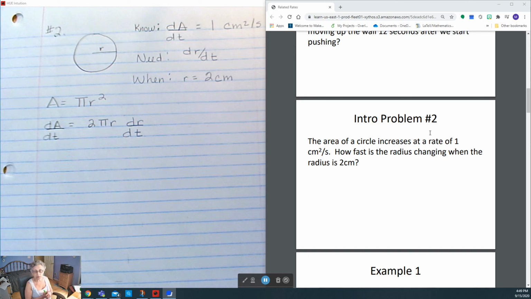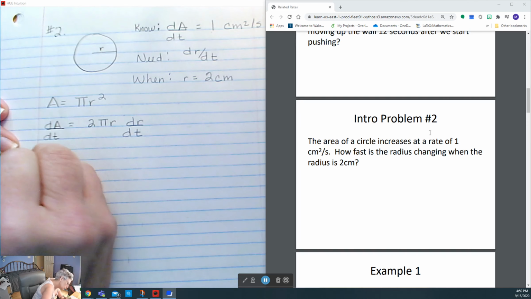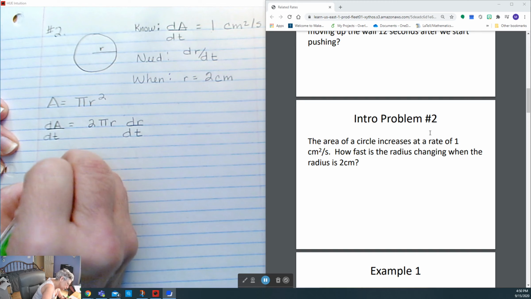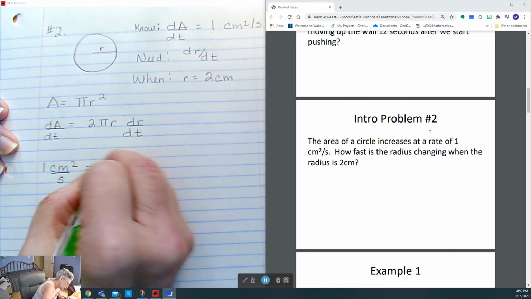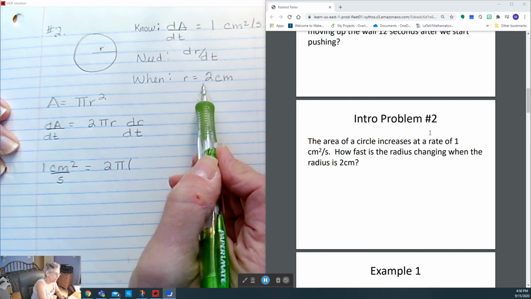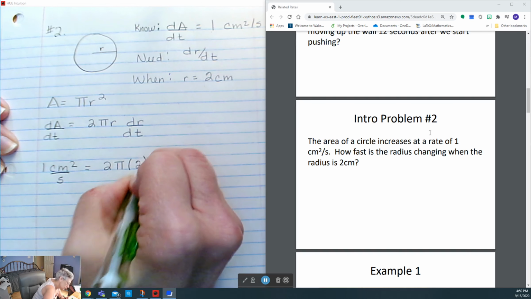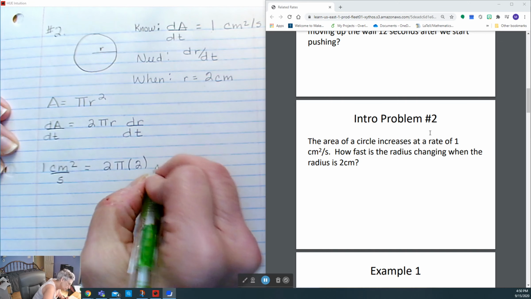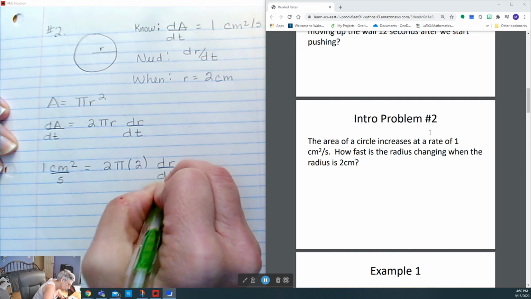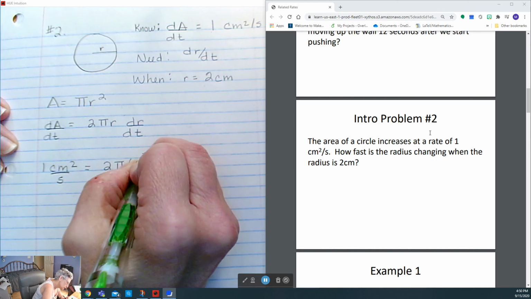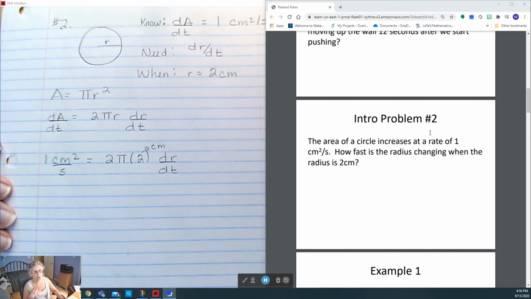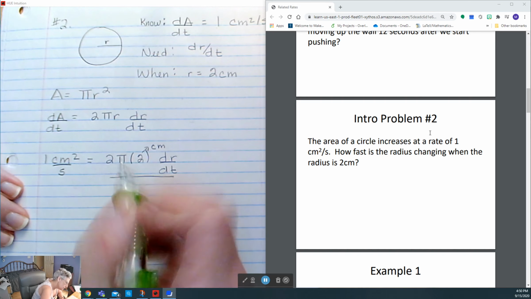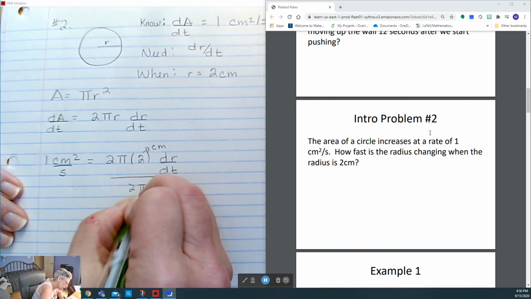Well, this one's even simpler than the last problem because we have everything that we need just to plug right into that equation. 1 centimeter squared per second is equal to 2 pi times my radius, because I want to know dr/dt when the radius is 2, and this is 2 centimeters if you're keeping up with your units, because now I'm going to divide both sides by 2 pi times 2.